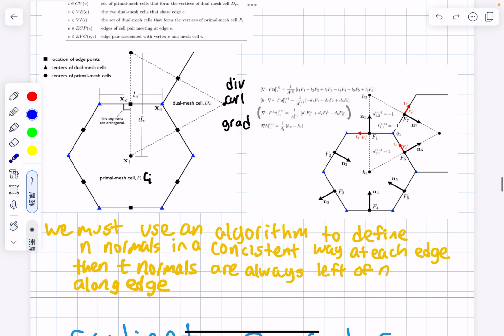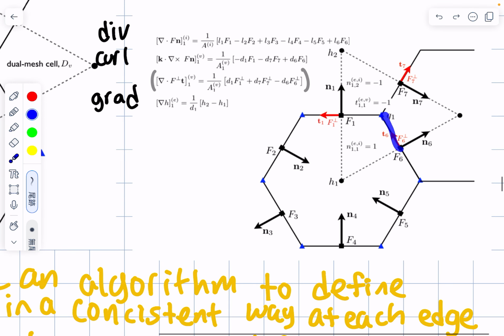And yeah, here are some examples of those normal vectors I'm talking about. They also have another type of normal vector, we call them n_t, that's always pointed to the left of the normal vectors.